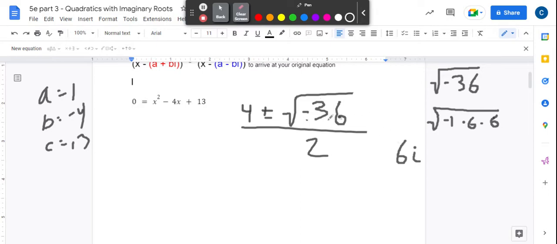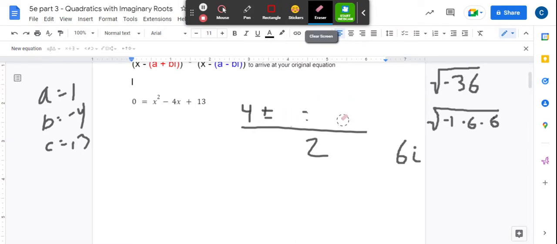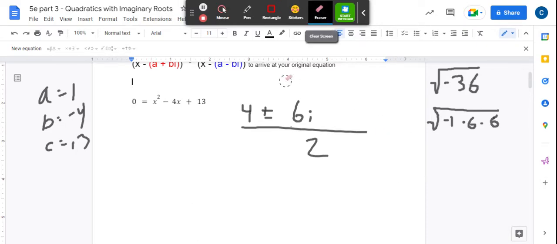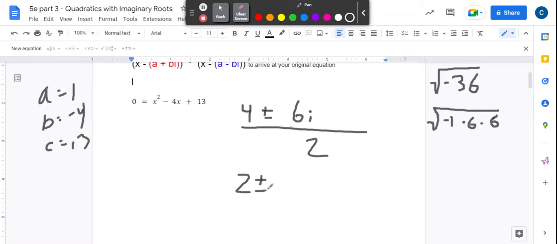So we have 4 plus or minus 6i divided by 2. To simplify, 4 divides by 2 to get 2 and 6 divides by 2 to get 3. So what we end up with is 2 plus or minus 3i.